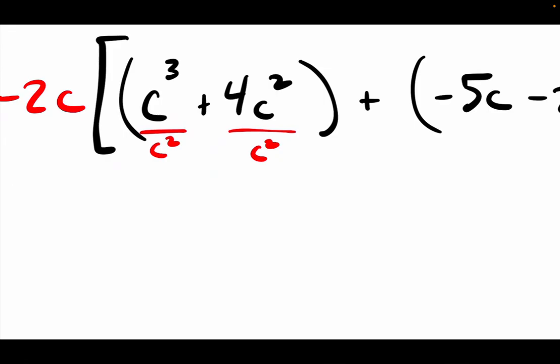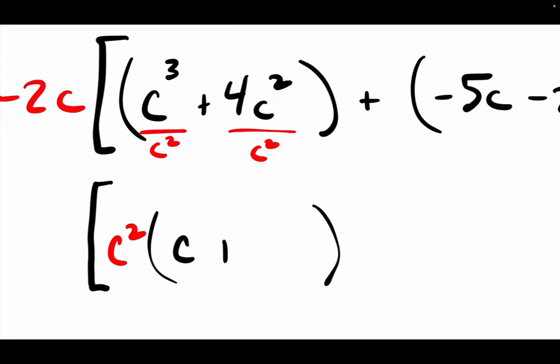So I'm going to rewrite it. Brackets, C squared, parentheses. If I take away a power, I got C. If I take away 2 powers, I got 4. So C plus 4.